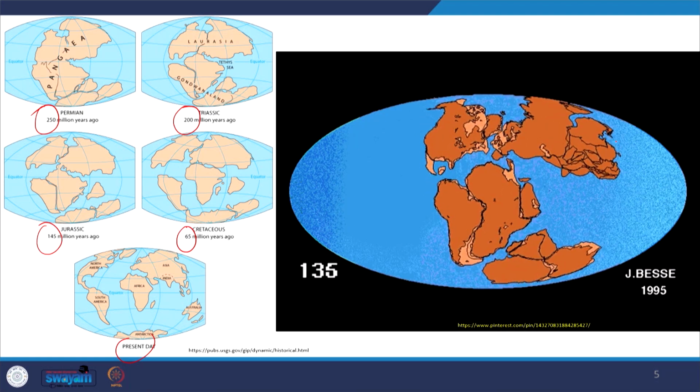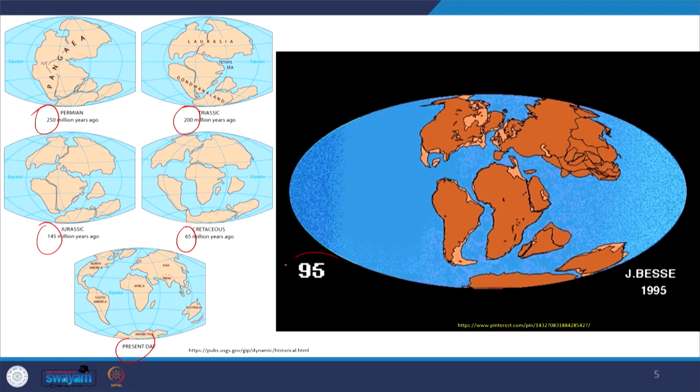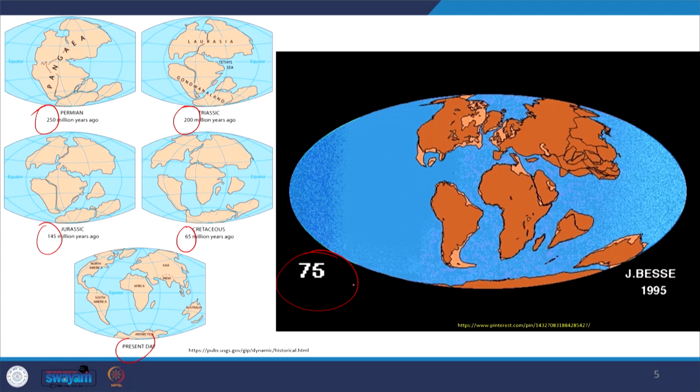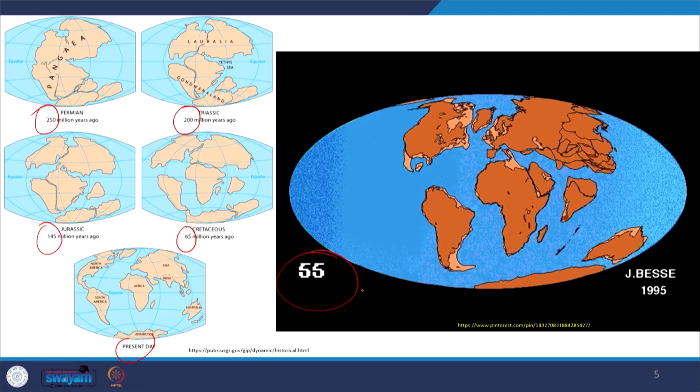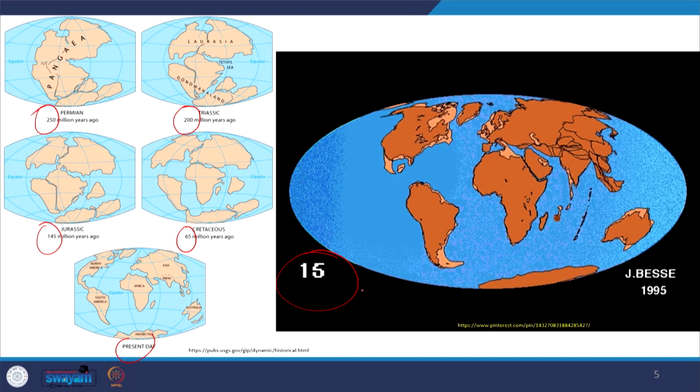And this is the animated version of what is explained here. If you see how the time is going back from recent to the maximum, it goes down to about 250 million years.